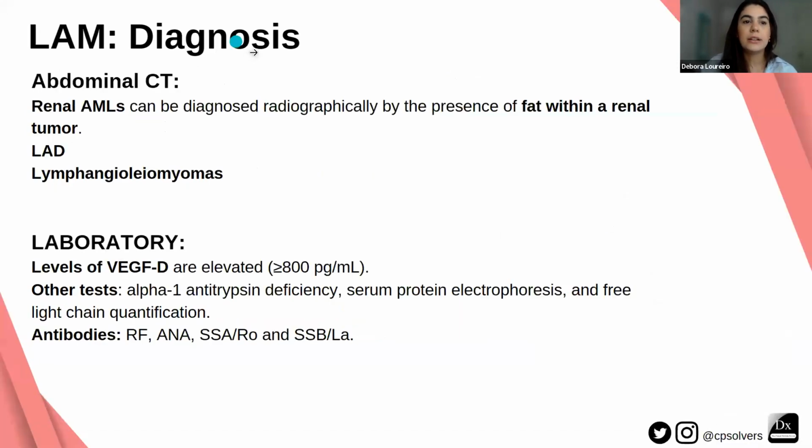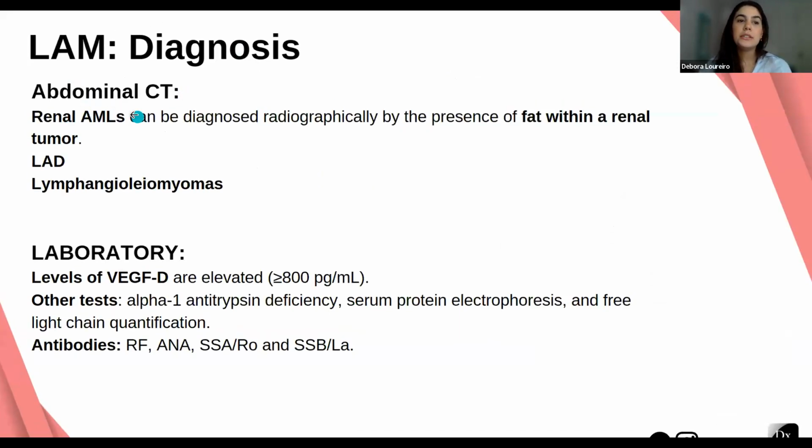Another thing that we can order is an abdominal CT to see the kidneys. We can see the lymphadenopathy and lymphangiomyomas. Another interesting fact is that the VEGF-D level is really elevated, more than 800, and that makes us think about the disease.